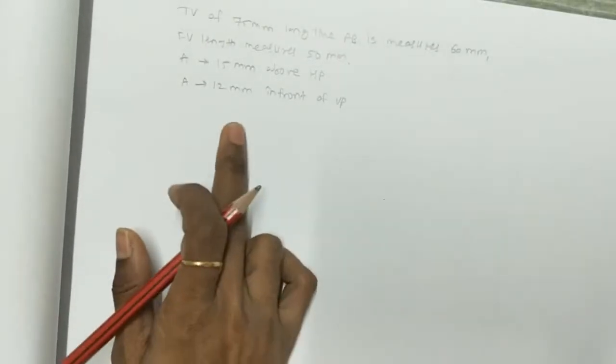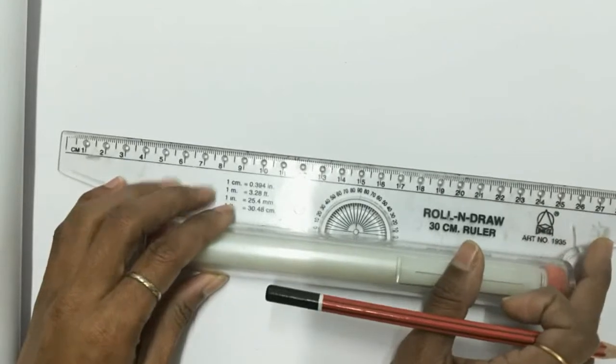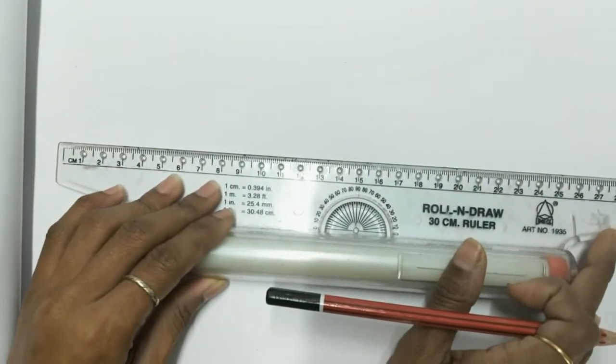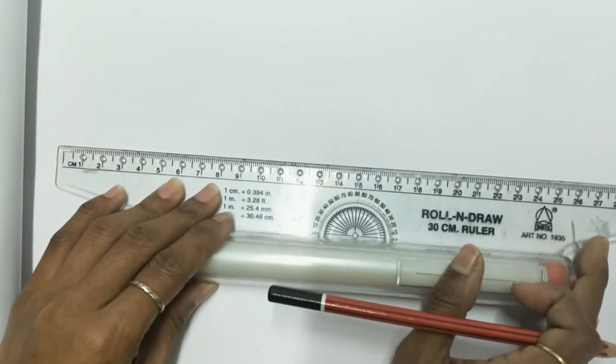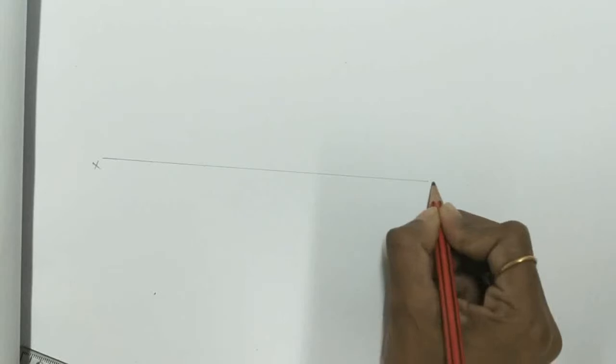As the angle is not given, the length for front view, top view and true length is given. First of all, draw the XY line. Give name to this line as X and Y.